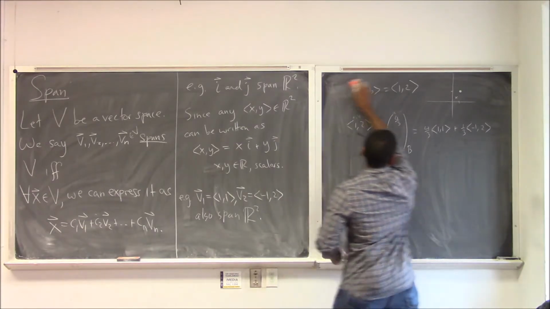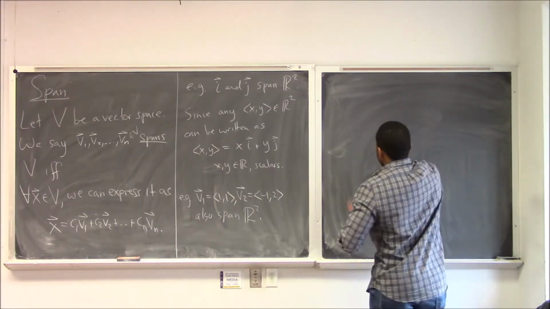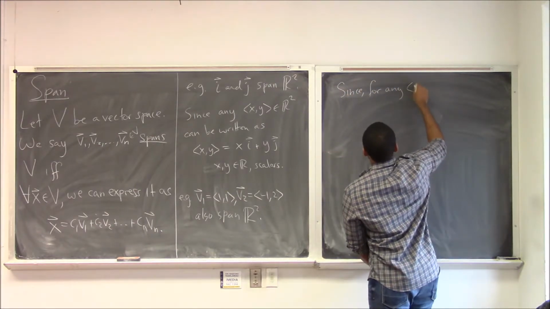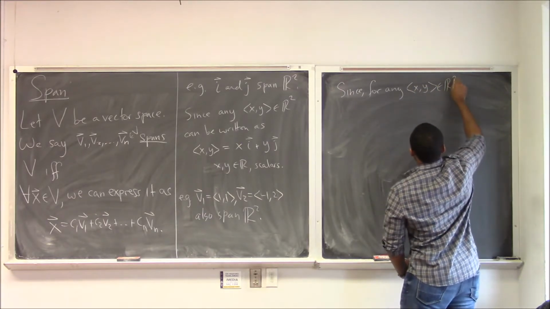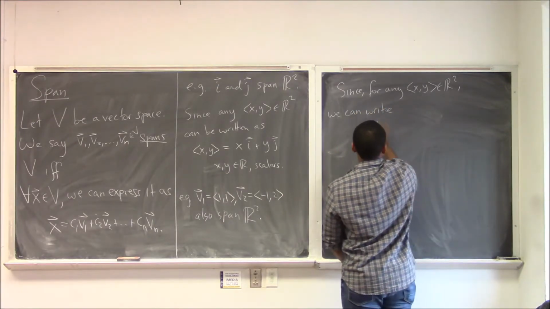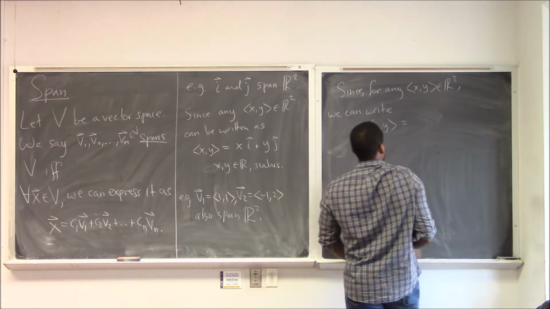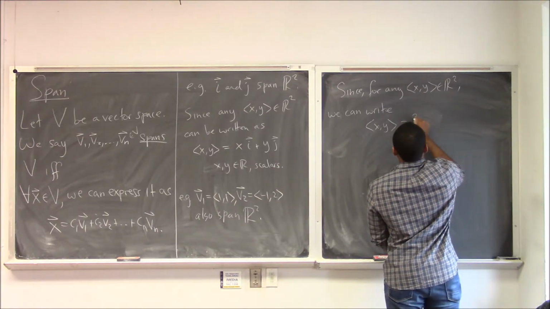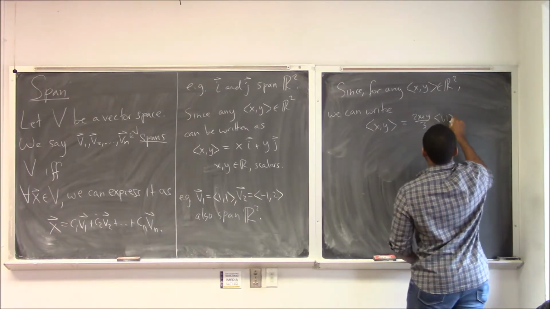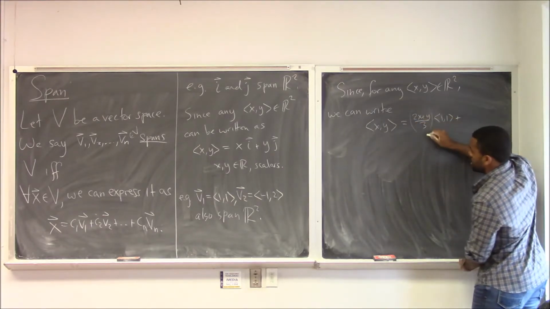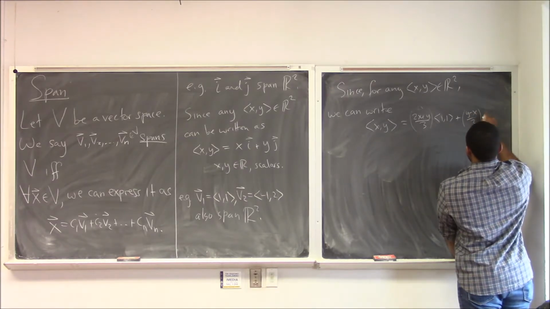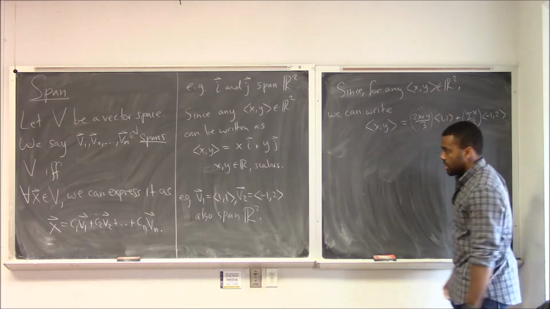Since for any (x, y) in R2, we can write (x, y) equal to (2x + y)/3 times this vector, and this is a scalar, like a C1, plus, I think it was (y - x)/3 times that vector.